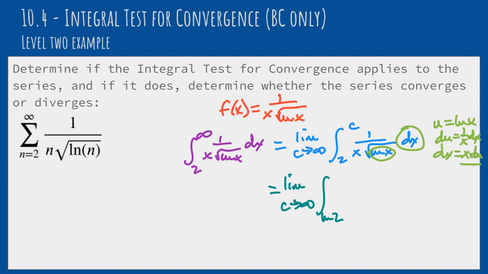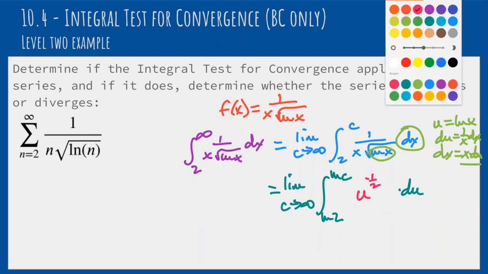The c for x is going to become the natural log of c. And our integrand here is going to become 1 over x square root of u. And then dx is going to be x times du. So the x's cancel each other out. I'm going to rewrite our integrand as u to the negative 1/2.